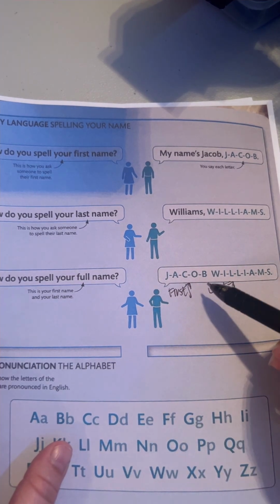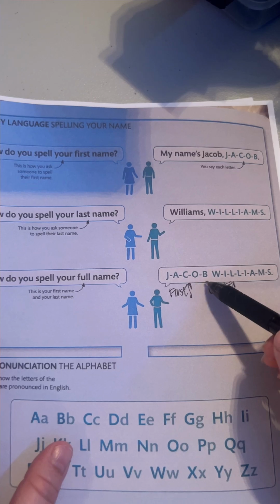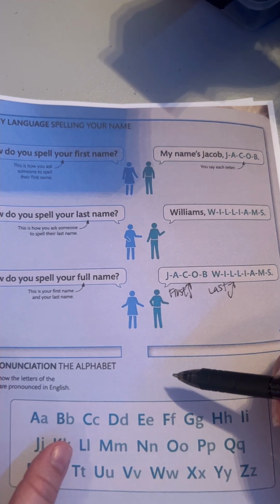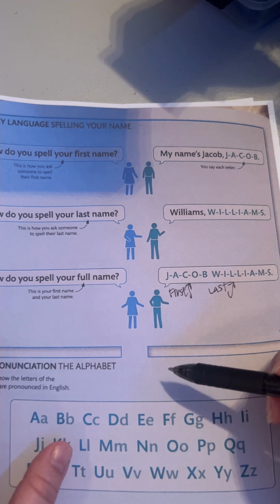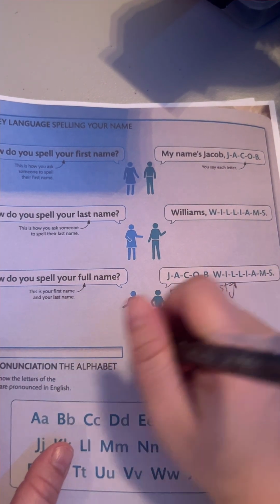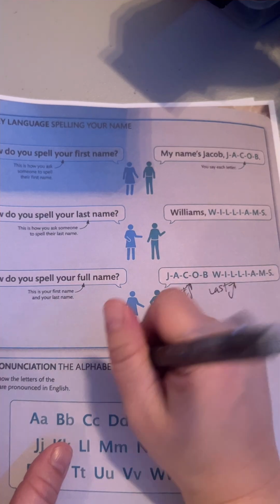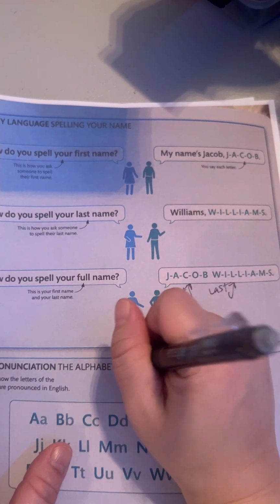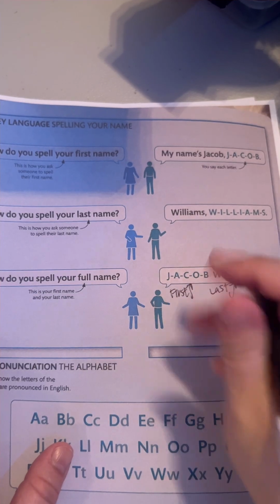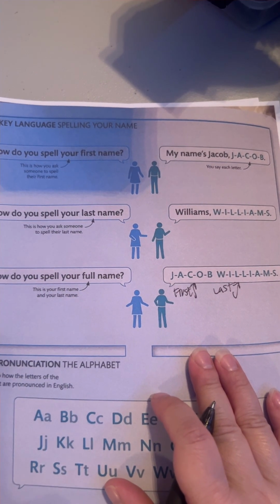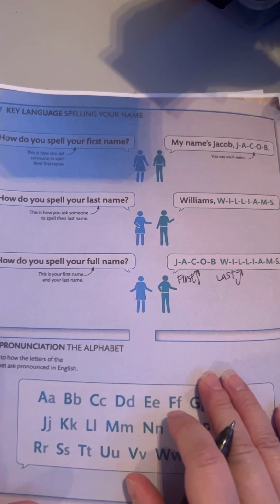That's why Jacob will have to spell out his first name correctly to me on the phone, so that I can write his name into the computer system or on the paper or whatever the person is working from, so they can have that on file. So that's why it is important to practice spelling your first name and last name.